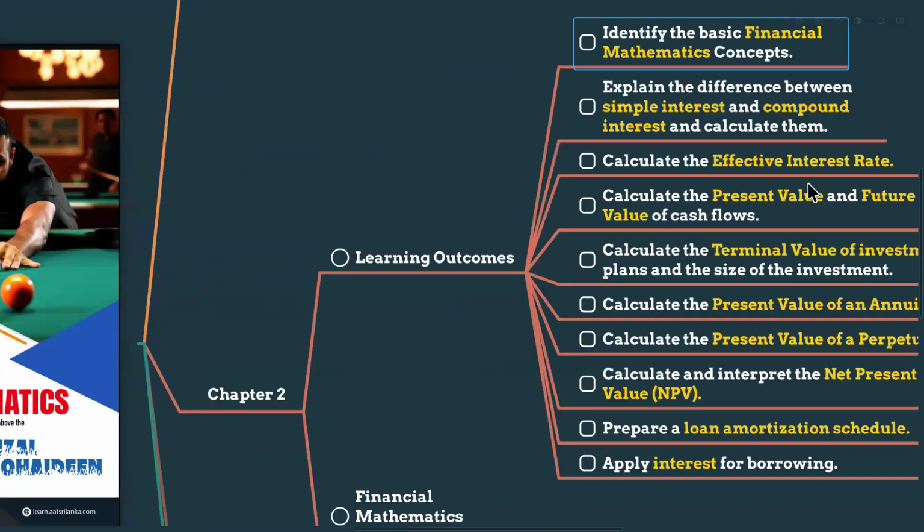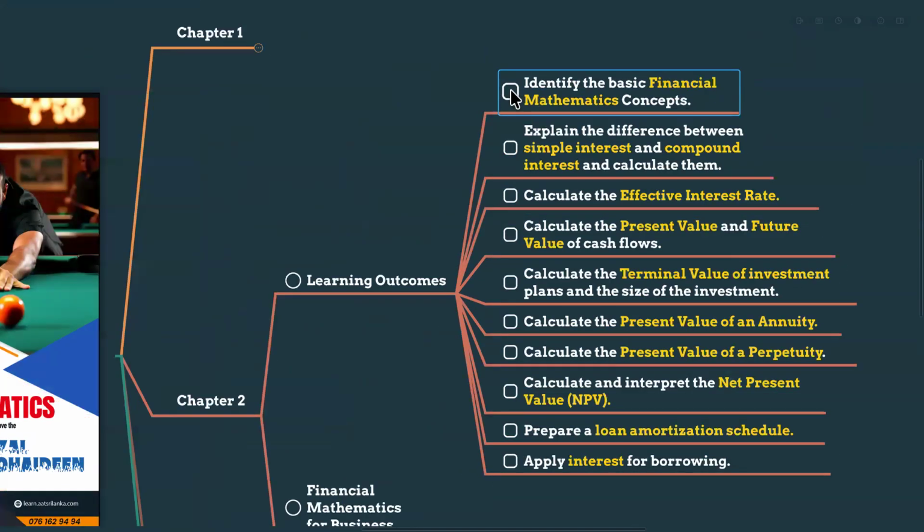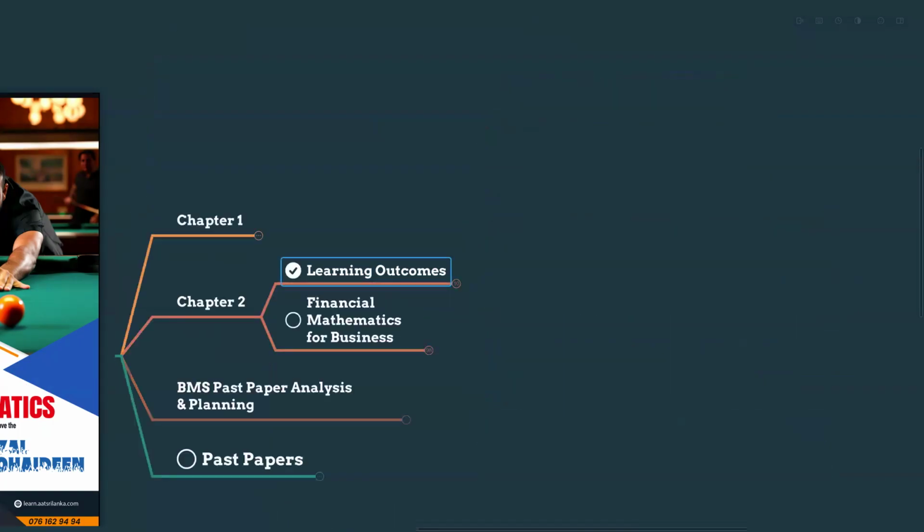In the previous sessions, we identified these learning objectives and achieved them. We identified the basic financial mathematical concepts like time value of money, compounding, discounting, present value, net present value, right? Loan amortization, simple interest, compound interest, how to calculate the effective interest rate, and calculate present values and future values, and the terminal value of an investment, the present value of an annuity, the present value of a perpetuity, NPV, amortization, and applying interest rates for borrowing.